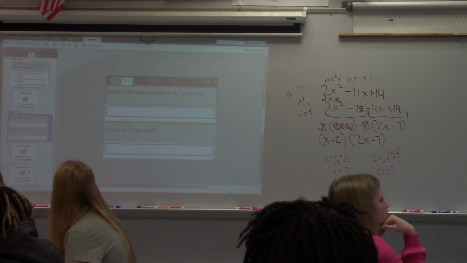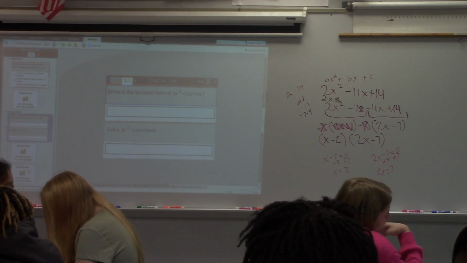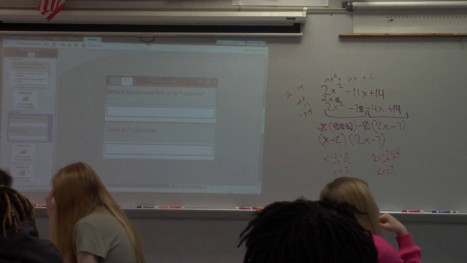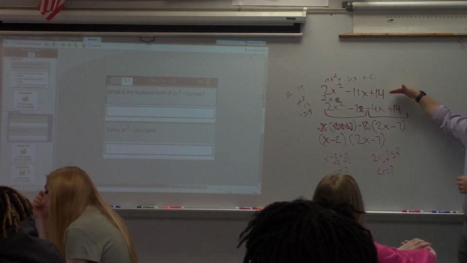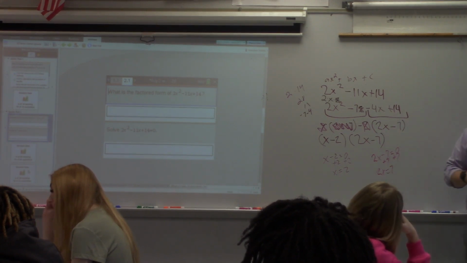Did I originally have an equal 0? So that's jumping to the solving process. If I only ask you to get the factored form, I'm only asking you to go from this standard form to this factored form. That's it, right? We just go from standard form down to factored form. You stop there, you're done.